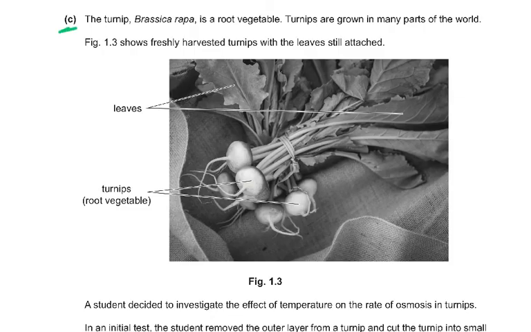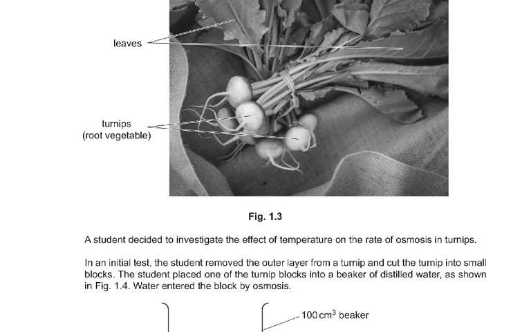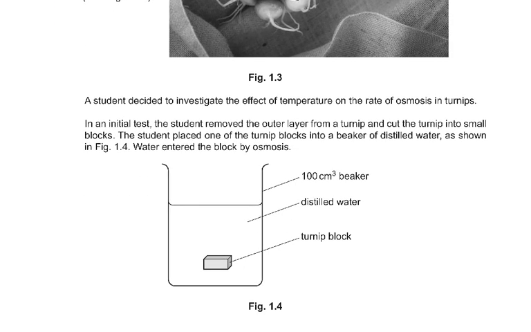Part C of the question: the turnip, Brassica rapa, is a root vegetable. Turnips are grown in many parts of the world. Figure 1.3 shows freshly harvested turnips with the leaves still attached. Now in Urdu that will be called shaljam, turnips. Turnips, root vegetable, leaves. Now it says the student decided to investigate the effect of temperature on the rate of osmosis in turnips.